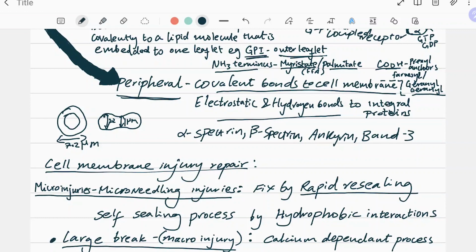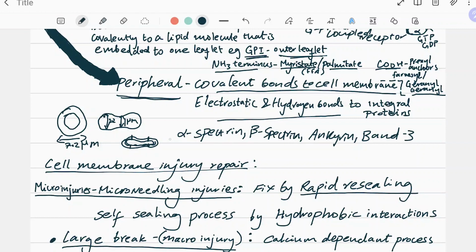is a kind of anemia where your cells don't have this normal shape, because this cell membrane has spectrin as a structural scaffolding under it, and it is held in place by ankyrin and band 3.